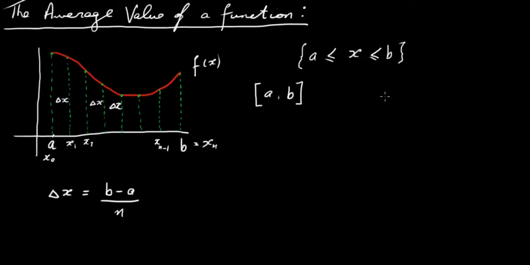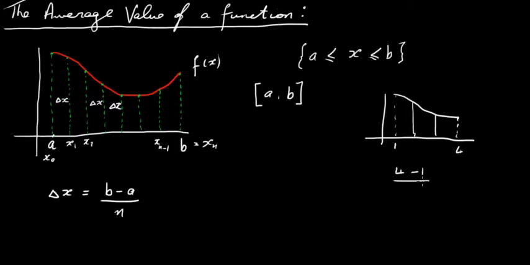As a simple example, if I have another curve here, and let's say this is 1 here and this is 4 here, if I divide that up into 3 equal sections, each of these widths would be 4 minus 1 over 3, or just 1 unit in width. So we are dividing the closed interval a to b into n sections, so delta x would be b minus a over n. That's what each of these widths would be.